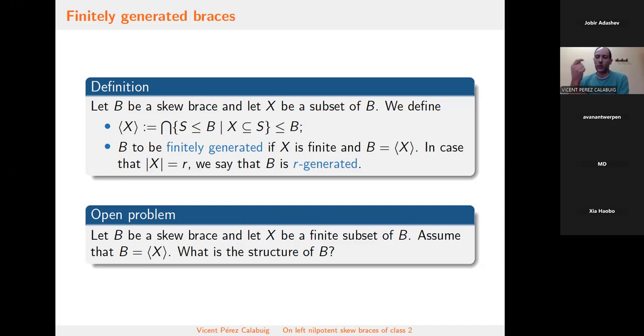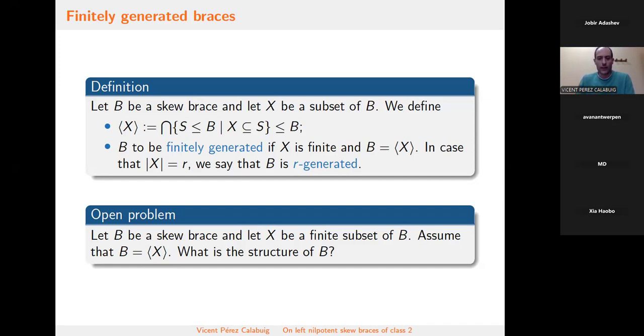We know that one-generated groups, which are cyclic groups, have a very well-known structure. Nevertheless, to characterize the structure of one-generated skew braces is an extremely difficult problem.